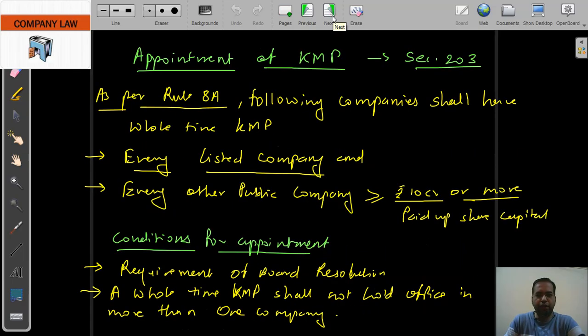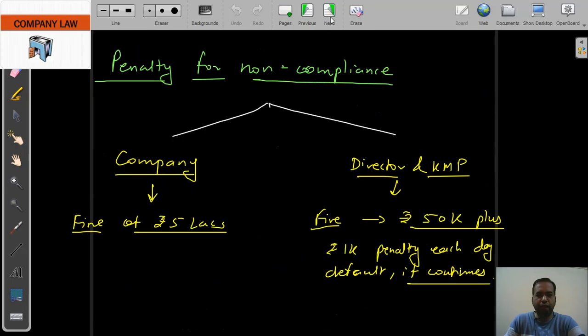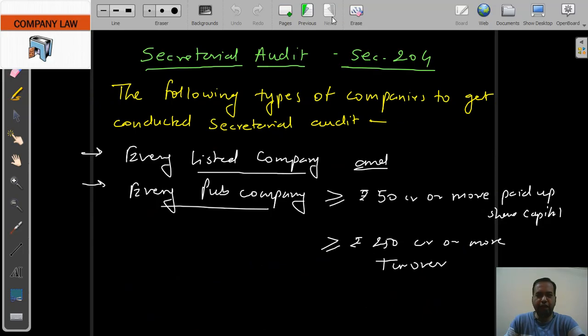Then appointment of the KMP. Then penalty for non-compliance, secretarial audits which are required for specific companies.